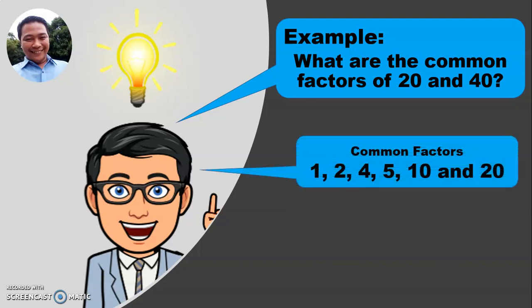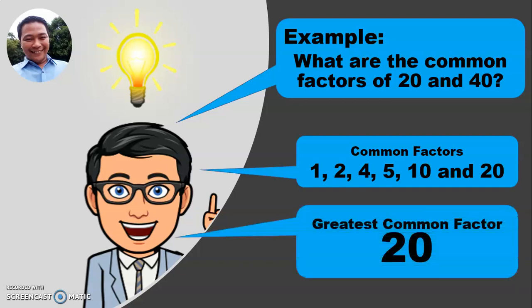The common factors are 1, 2, 4, 5, 10, and 20. How about the greatest common factor? Good job! The greatest common factor is 20. Why 20? Because 20 is the highest factor from all the common factors.